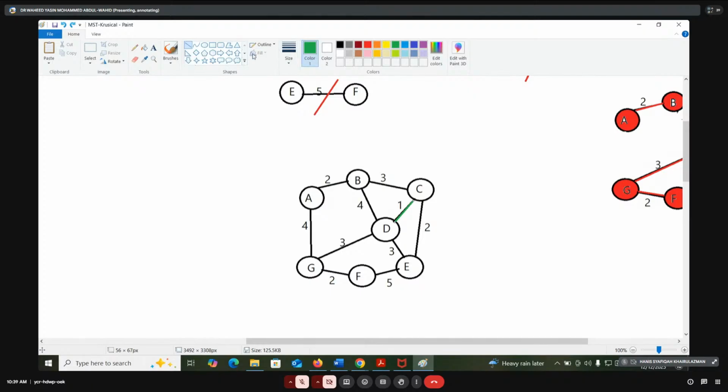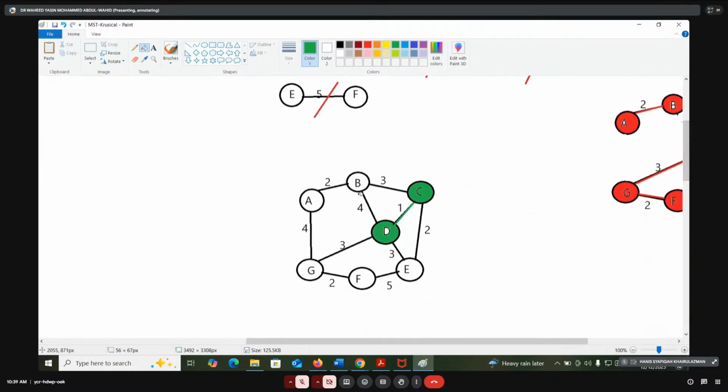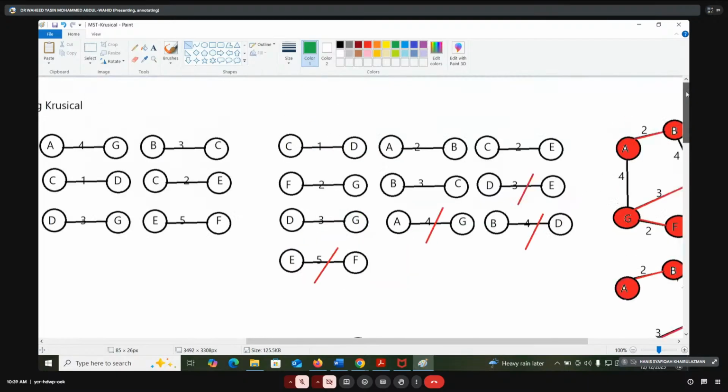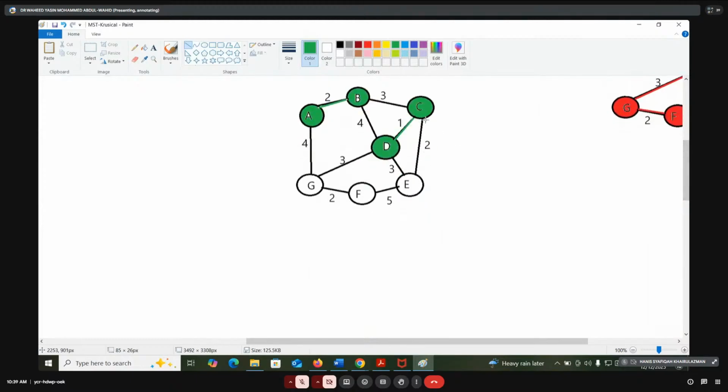Okay, now I select C and D. Then AB, because these two, 1 and 2. Then what is after that? CE.